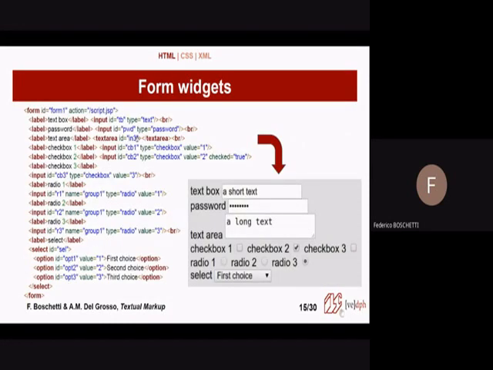How many widgets can we use in a page? A lot. So we here see some of them. Okay. For example, you can use a text box. By text box you can insert a short text, or you can send a password.